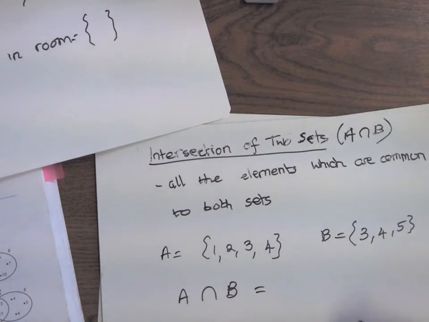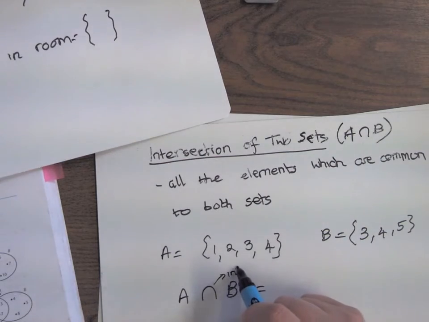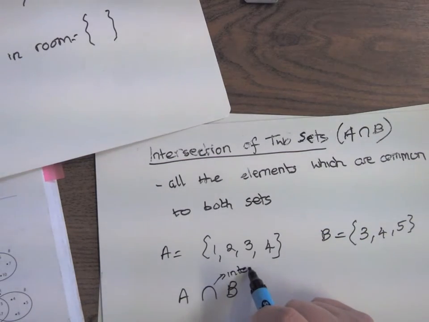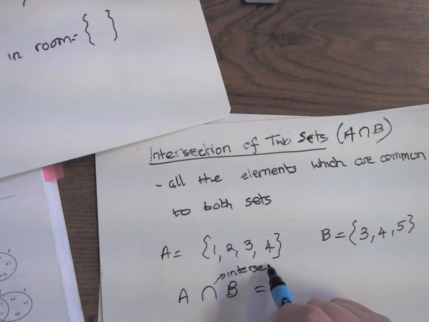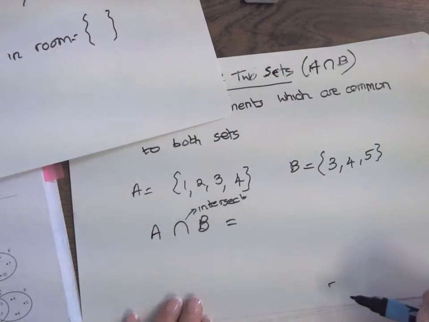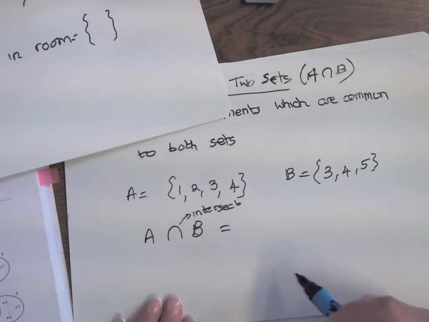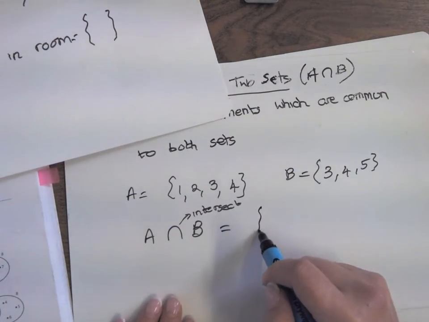It's called intersect. So when you're saying that out loud, you say intersect. A intersect B. So where do A and B overlap, as in what's in both? You okay? So A intersect B.